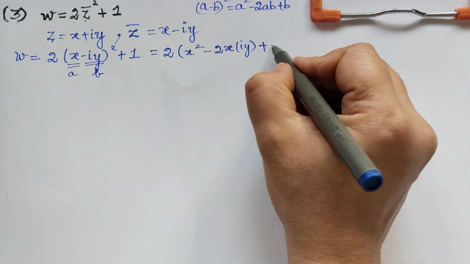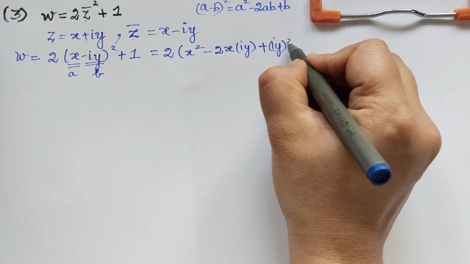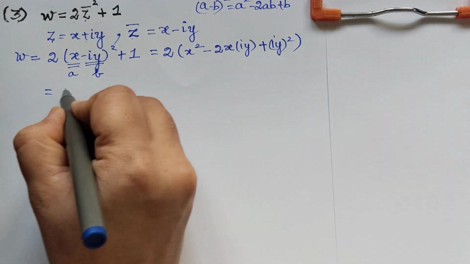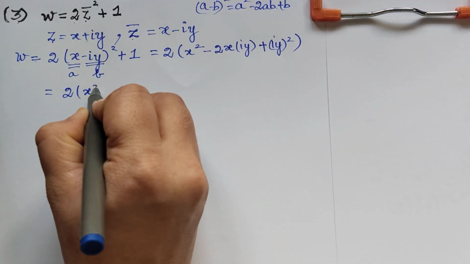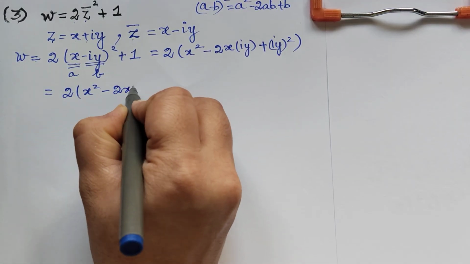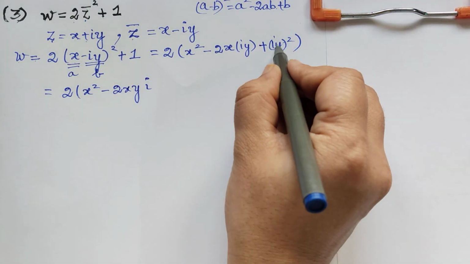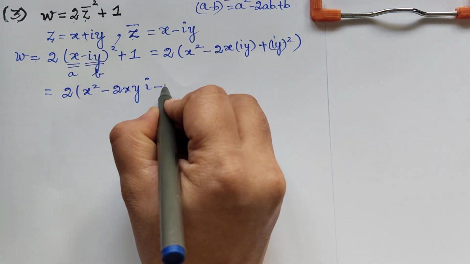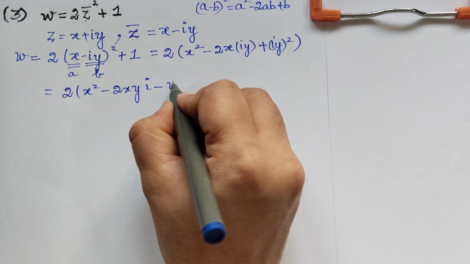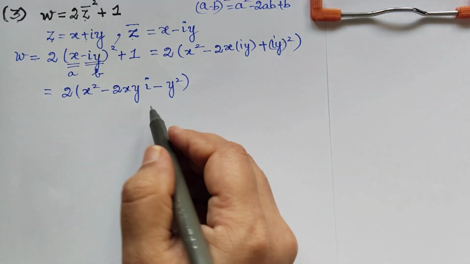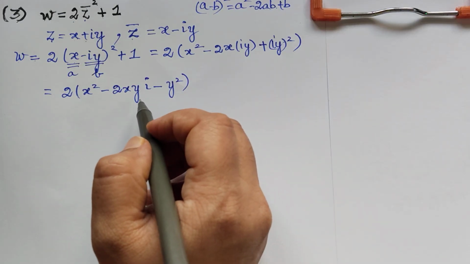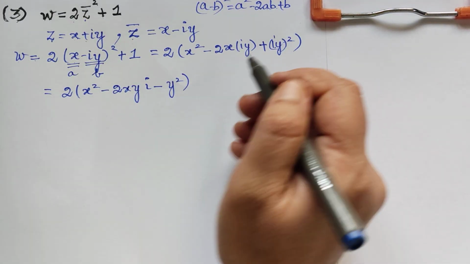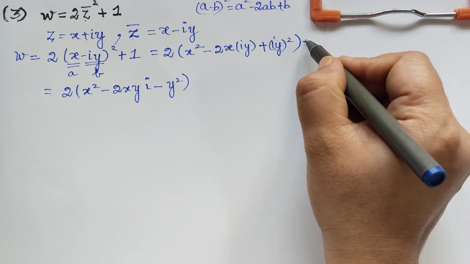So plus iy square. So that will be further equal to 2 multiplied with x square minus 2xyi, and i square is negative 1, so minus y square. So combining the real part and the imaginary part, we will be getting this, and this plus 1 I have to write here.